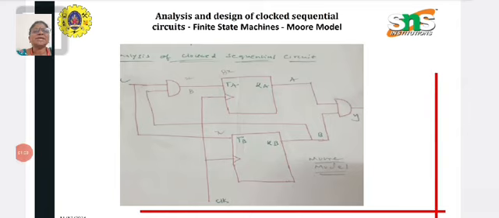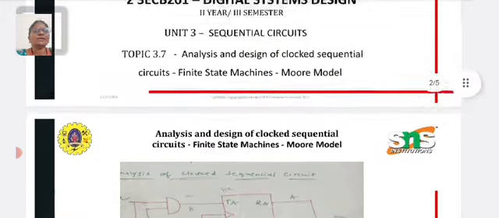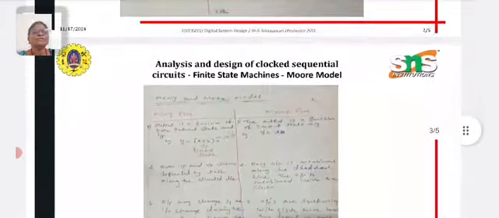The input is X. From the input, we have two outputs of gate 1 and gate 2, and two outputs of flip-flops: flip-flop 1 has output A and flip-flop 2 has output B.